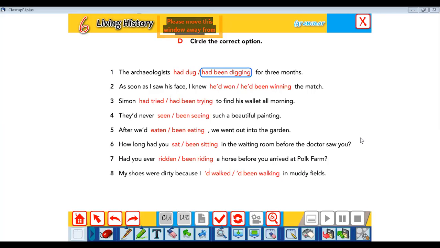As soon as I saw his face, I knew. So you will choose the past perfect simple here because we don't have a duration at all. A period of time, I mean, like the first example, sentence number 1: the archaeologists have been digging for 3 months. For 3 months. This is called the duration. Number 3.